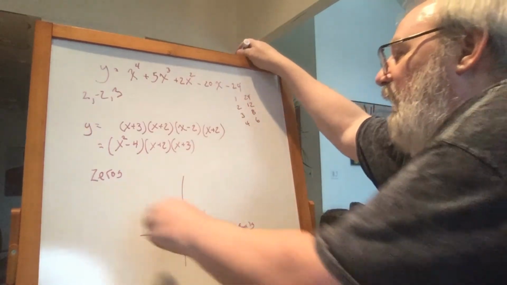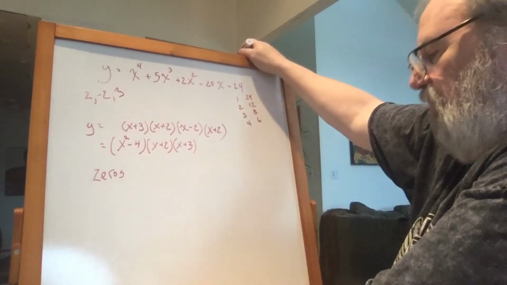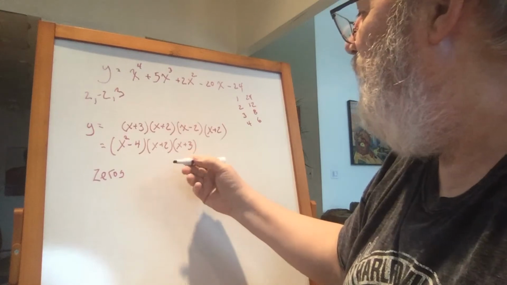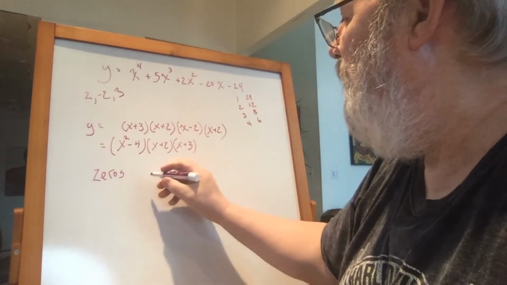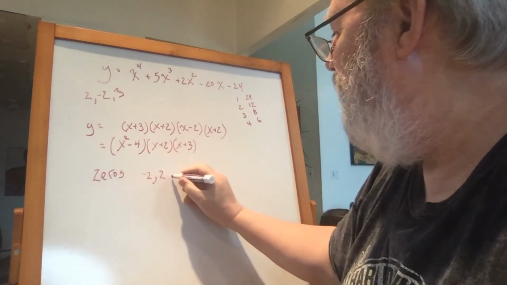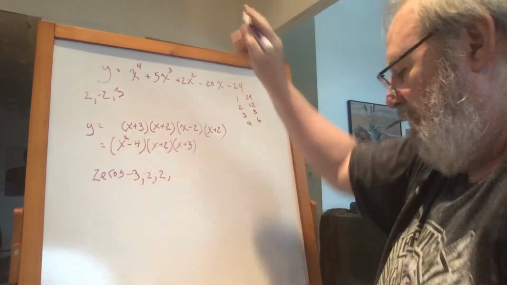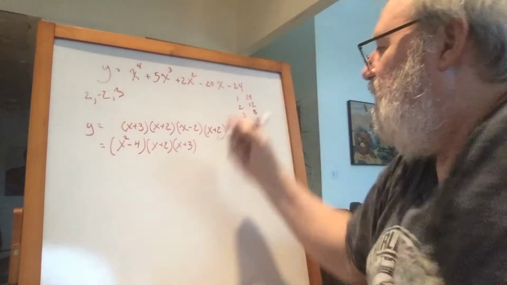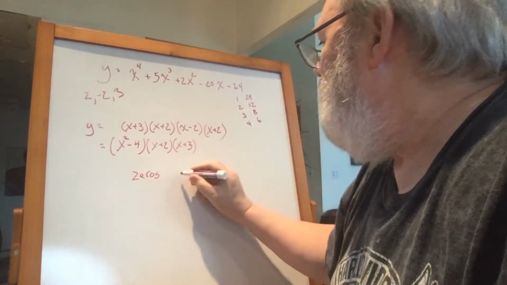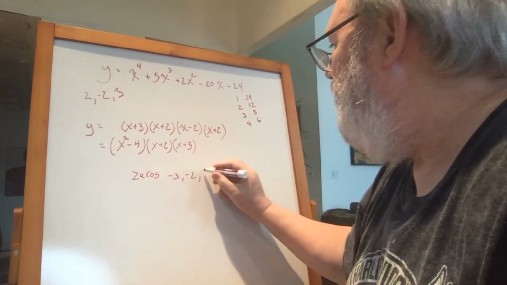And in our case, we have 4, actually 3, because 2 of them are at the same place. So the zeros are at x equals minus 2 and 2 and minus 3. Minus 3, minus 2, and 2. And let's write that more clearly. So the zeros are at minus 3, minus 2, and plus 2.